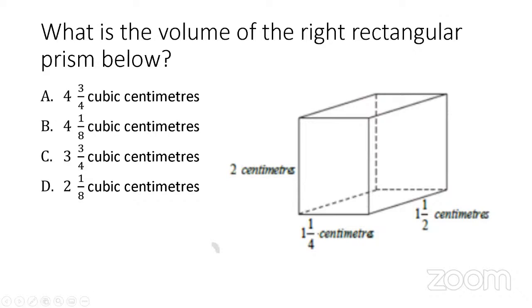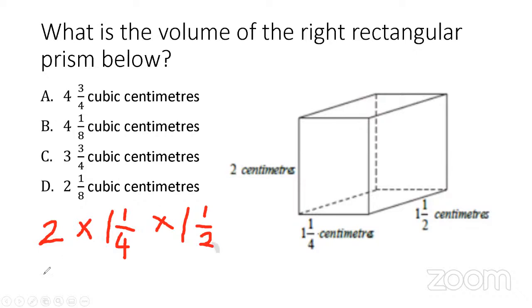So we're going to have what? This is length times width times breadth: 2 times 1¼ times 1½. So we change those to improper fractions.